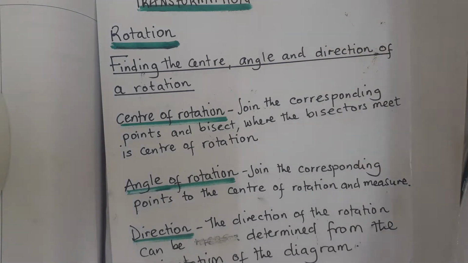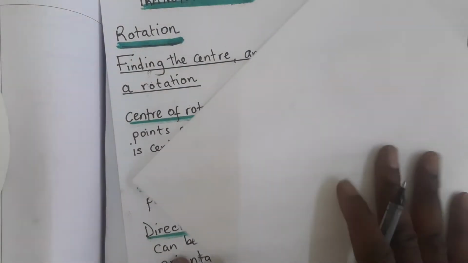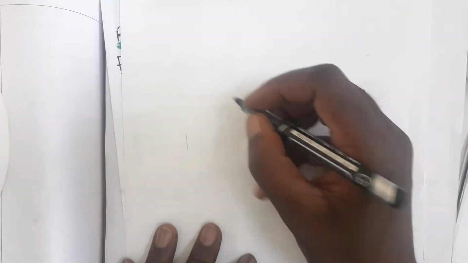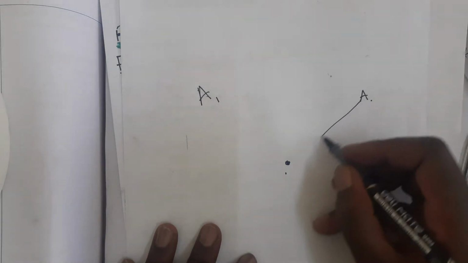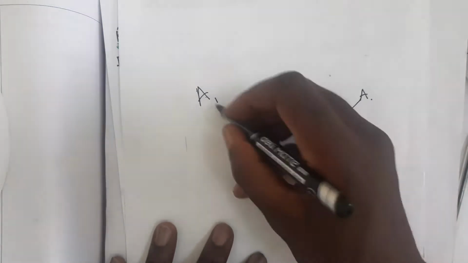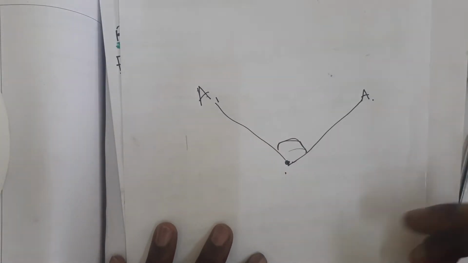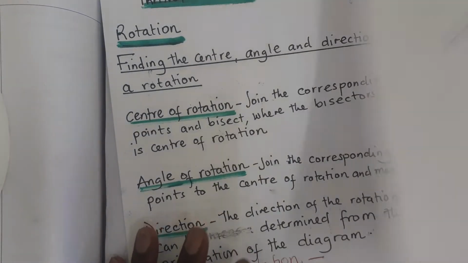Then you measure. If this is your center, then your A is here, and this side you have your A1. So we are saying join these 2 points through the center, then you measure this angle here. That will be the angle of rotation.